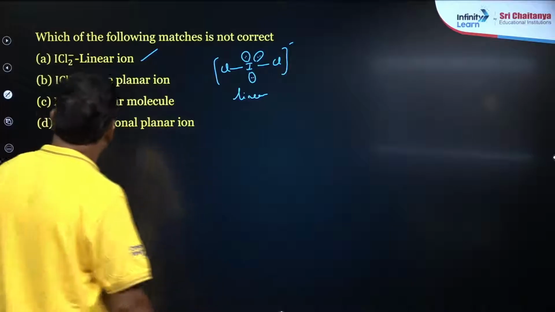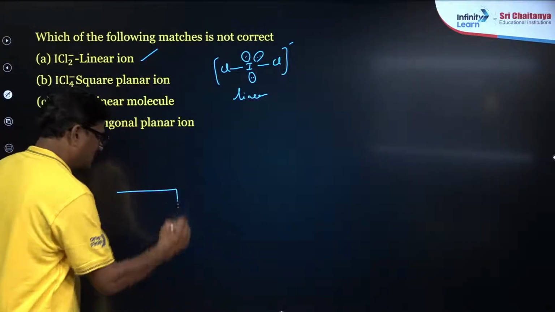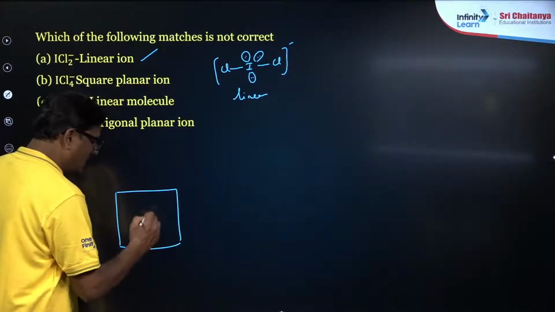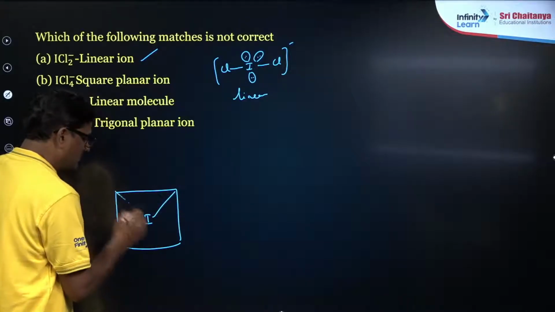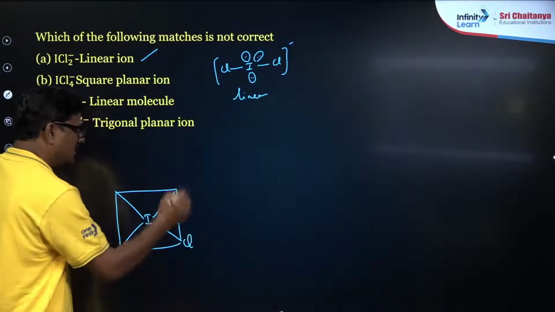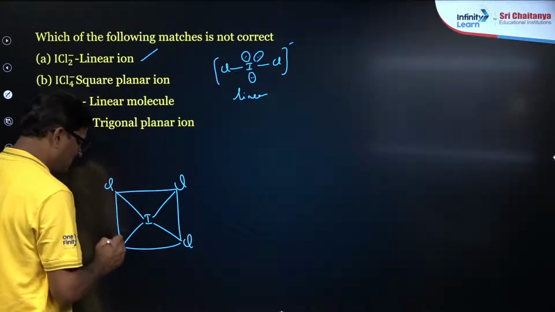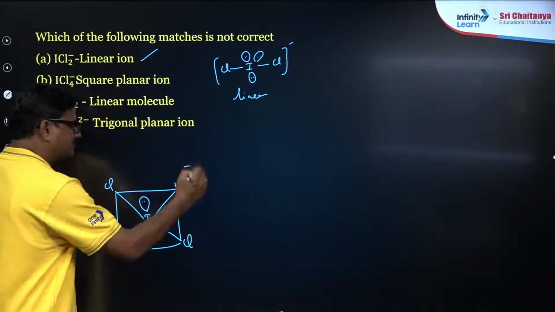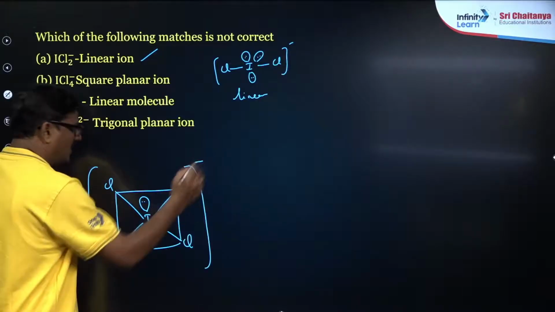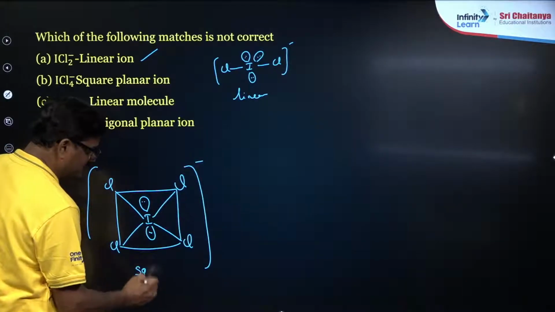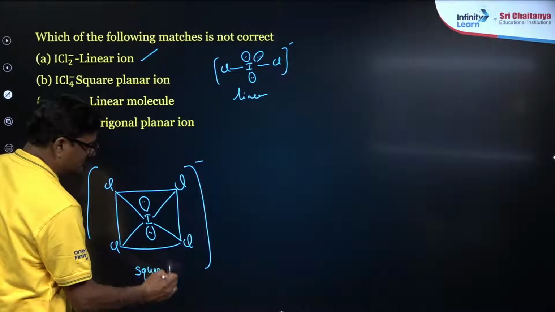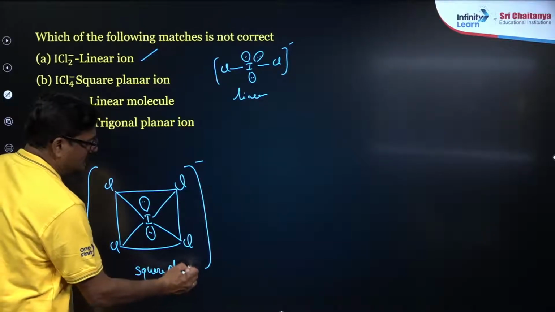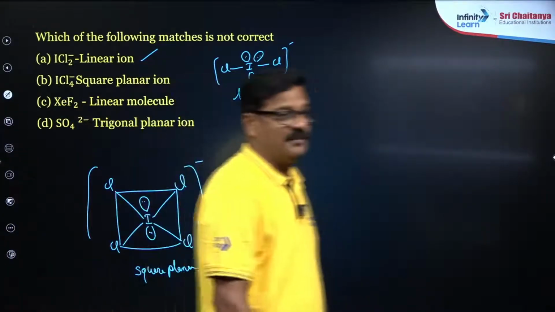And ICl4 minus, iodine, Cl, and this is square planar. It is going to be square planar.